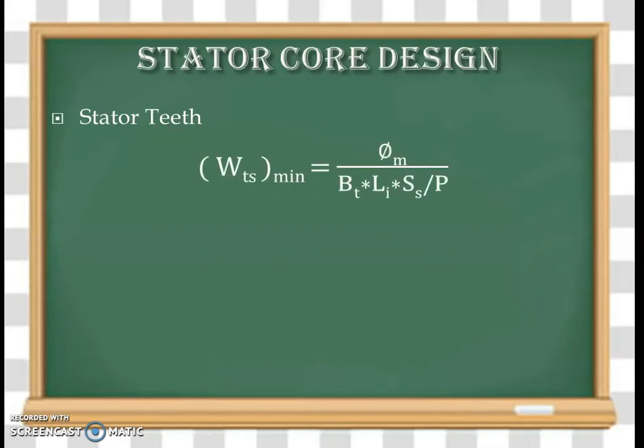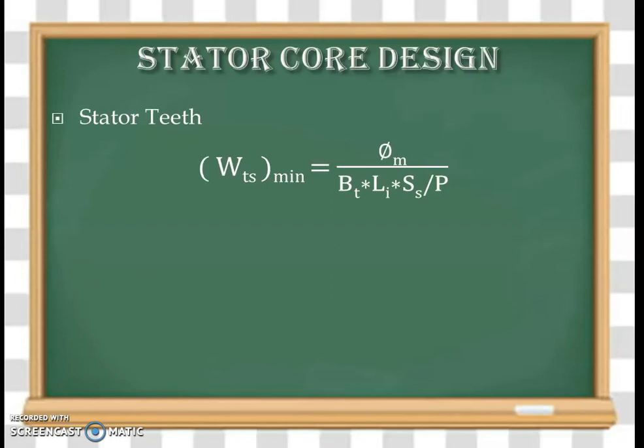In case of stator teeth, the minimum width of the teeth is very important because it gives the maximum teeth flux density. So the width of the teeth can be decided as per the equation, that is flux divided by flux density and area.